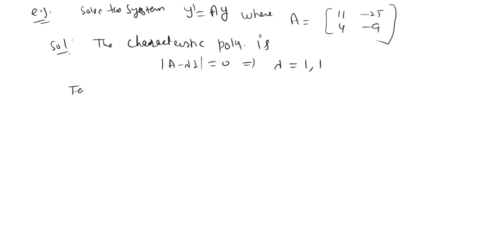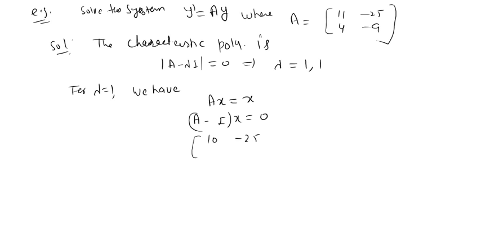So now you find the eigenvector corresponding to this eigenvalue. For lambda equal to 1, you solve A x equal to lambda x, or A x equal to x, or A minus I times x equals 0, to find the eigenvector x. So just write the matrix 10, minus 25, 4, minus 10, times x equal to a, b.